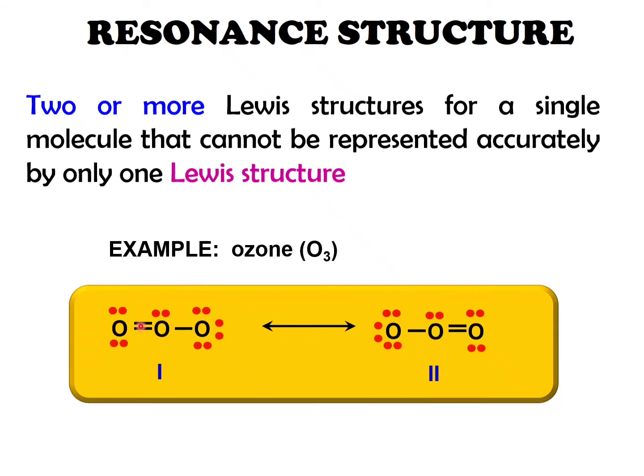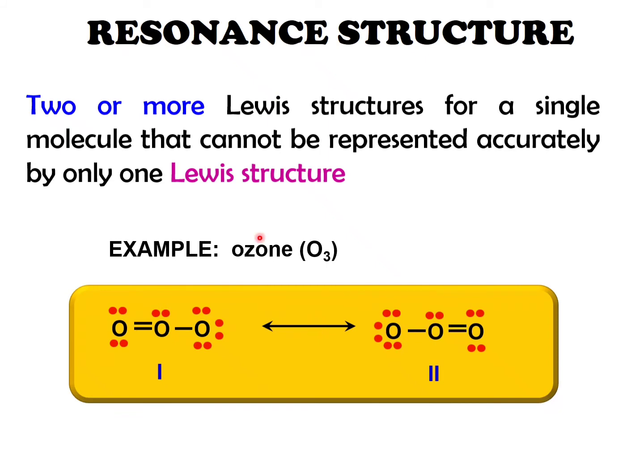Okay, so nampak kedudukan double bond dia boleh berada di sebelah kiri atau dia boleh berada di sebelah kanan. Tapi kalau you tengok structure 1 and structure 2 sama je lebih kurang, cuma position double bond saja yang berubah. Ini yang dipanggil resonance structure. Kita just tukar kedudukan double bond.